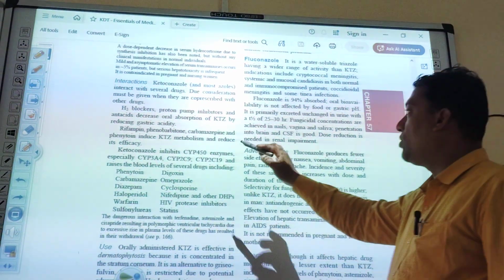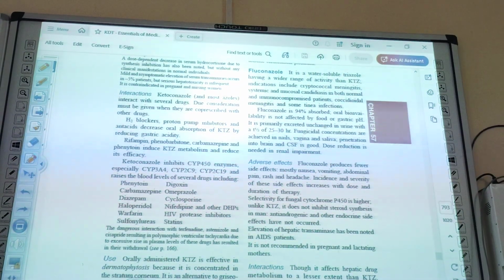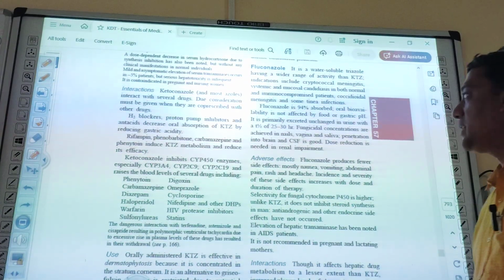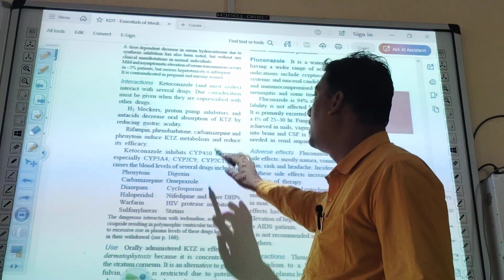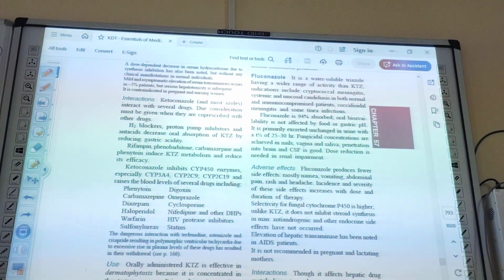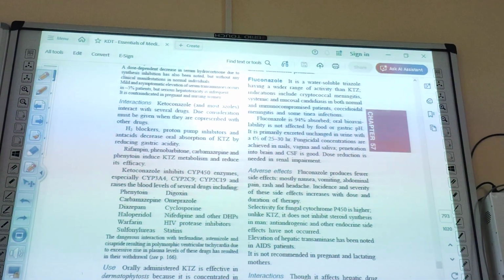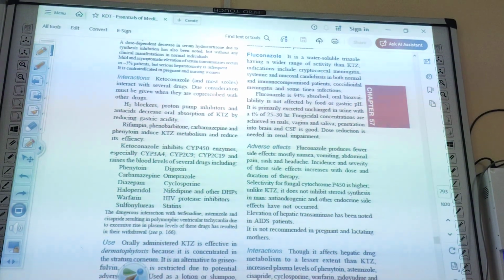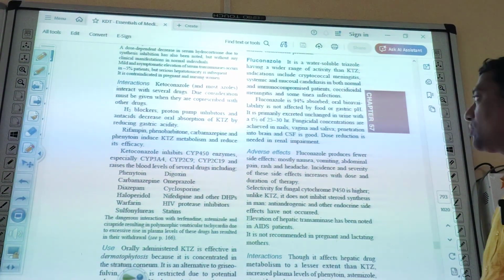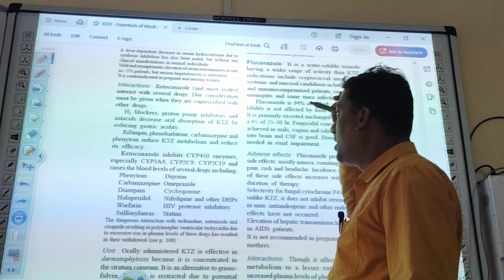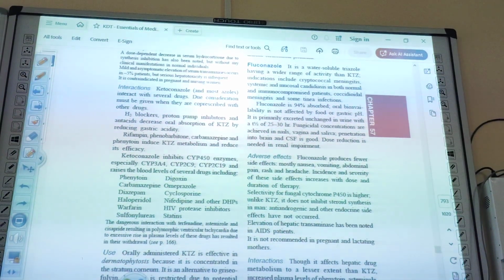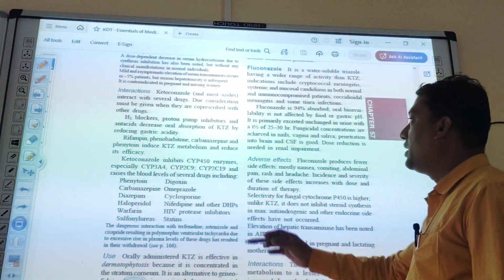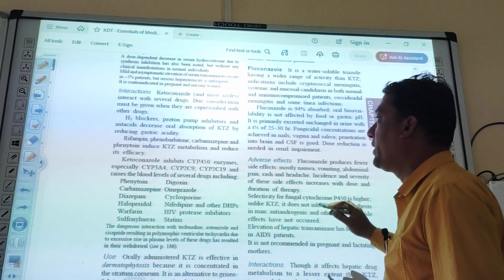Then rifampin, phenobarbital, carbamazepine and phenytoin induce the ketoconazole metabolism and reduce its efficacy.